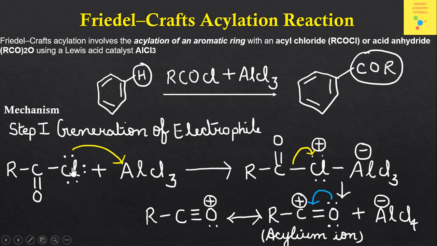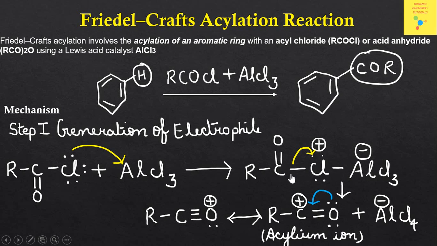These lone pair of electrons can be donated into the vacant orbitals of this aluminium atom of the AlCl3 catalyst. So we will get this species in which the chlorine atom gets a positive charge and this aluminium atom gets a negative charge.